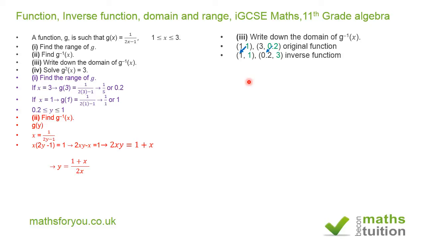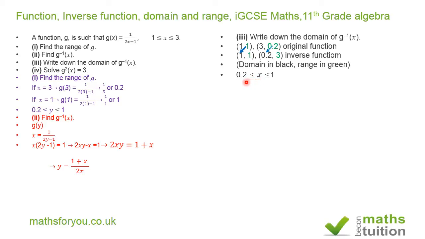So the range of the original function now becomes the domain of the inverse function, and the domain of the original function then becomes the range of the inverse function. Okay, so what we've now got, the domain is now 0.2 and 1.